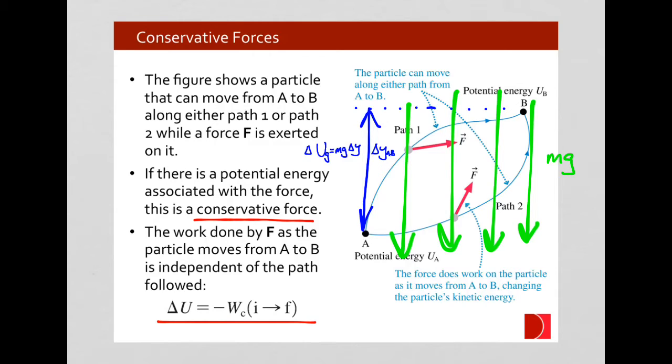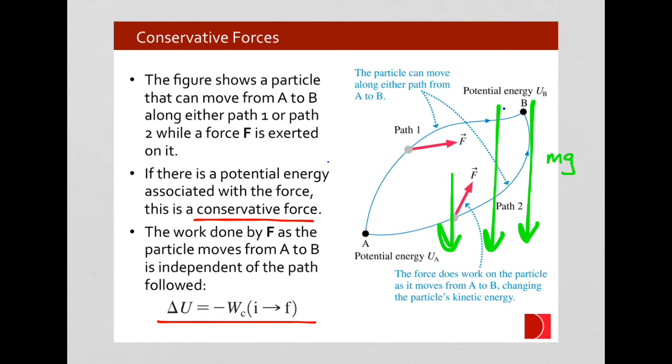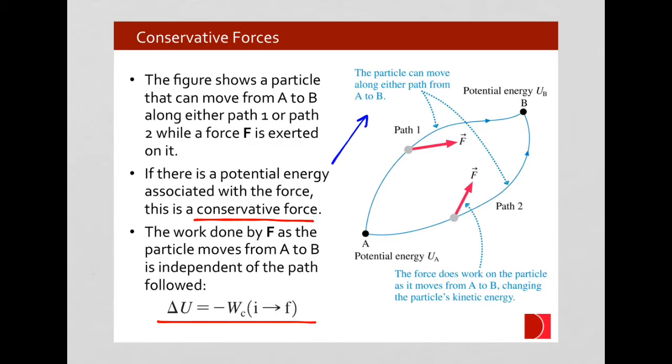Thus, whatever work it does to begin with, you can get that energy back again, and hence you can have a potential energy associated with that. The alternative to a conservative force typically points in one direction, and thus, for example, with gravity, if you are going up against gravity, you are doing work against gravity.